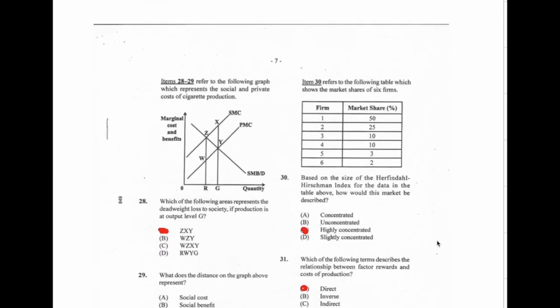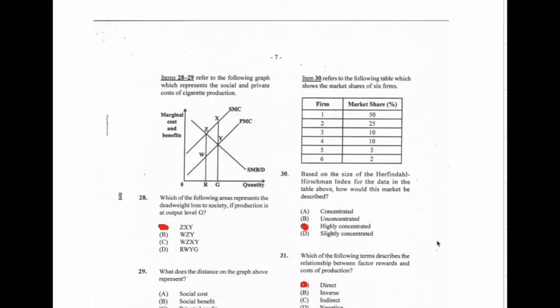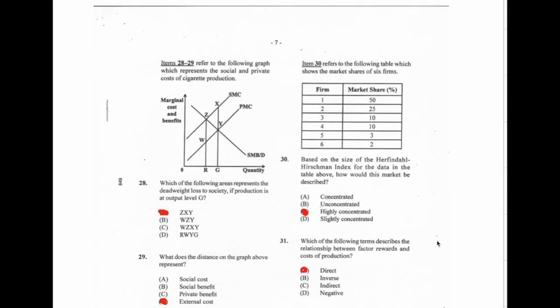28 says, which of the following areas represents a deadweight loss to society if production is at output level G? So we're here at output level G. Please remember that optimality is achieved where SMB is equal to SMC. So that would be at Z at output R. So essentially, we're overproducing right here, because really and truly society wants this level of production, but we're producing more than we should right here.